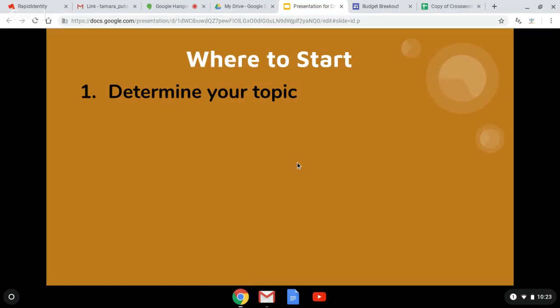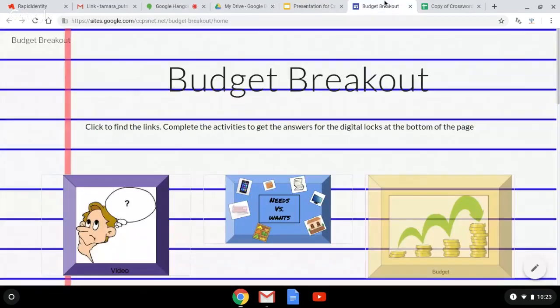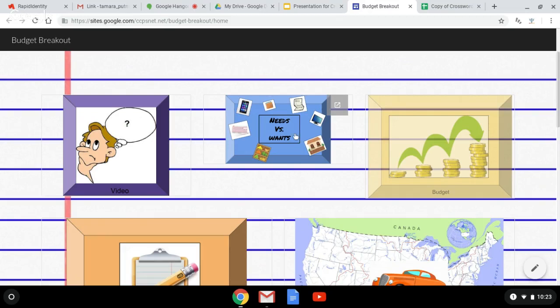So once you narrow down your topic, next thing, what information are you going to be including? You want to narrow it down to broad skill sets or tasks that you want to cover with the breakout. In this case, one of the tasks was needs versus wants for the budget.